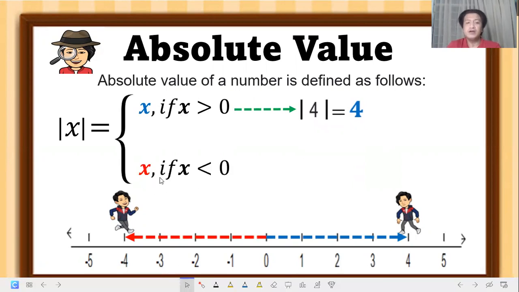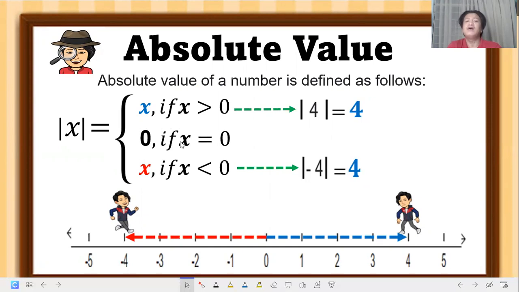But if x is less than 0, ibig sabihin nito, lahat ng negative. Pag kinuha natin ng absolute value of any negative number, always positive. Remember, that is always positive. And if you're going to get the absolute value of 0, syempre walang distance yun. Kaya nga, absolute value of 0 is 0 pa rin siya.